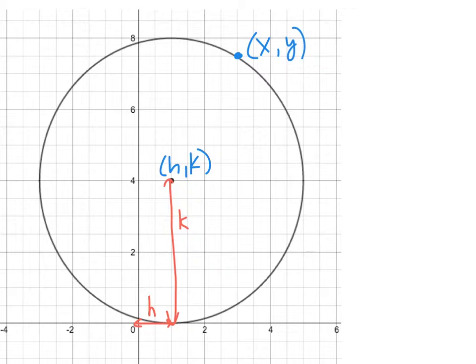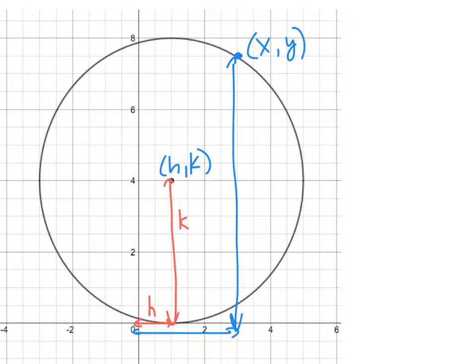Let's do another one. This x and y here. To get to (x, y), that point at the bottom, we're going in the horizontal direction. How long is that line? Is it h, k or x, y? Which one?